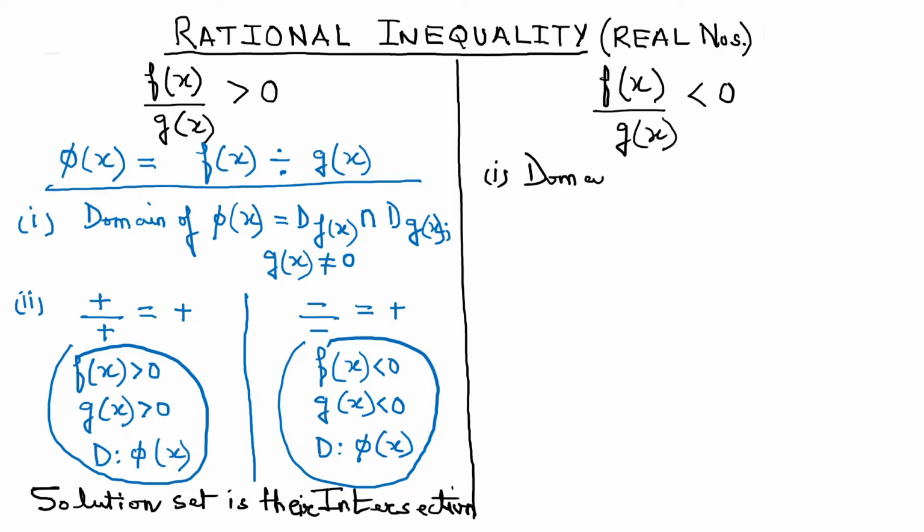So the domain of phi(x) is nothing but domain of f(x) intersected with the domain of g(x), and along with this, you will say that g(x) should not be equal to 0.